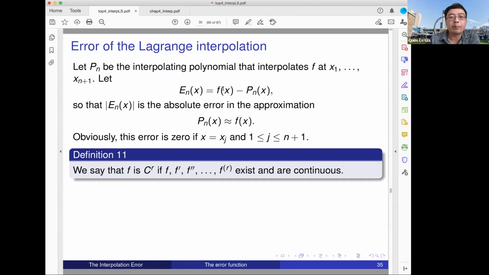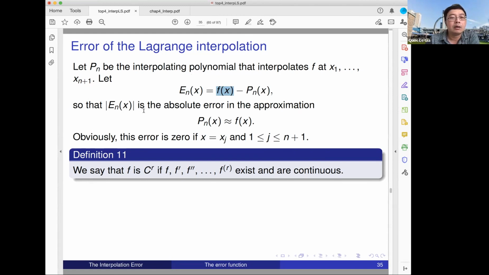At other points, we don't know, and we say that is the error. So the error function En is defined to be the difference between the original function f minus the polynomial Pn.